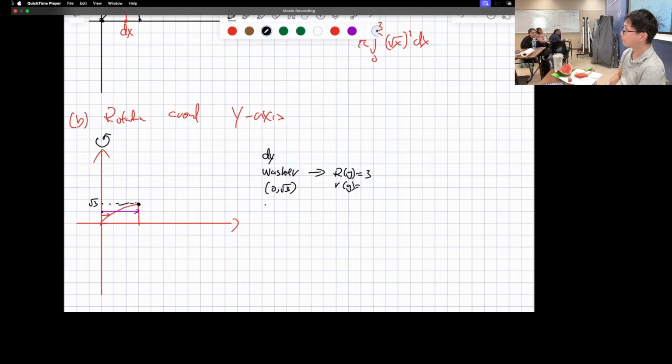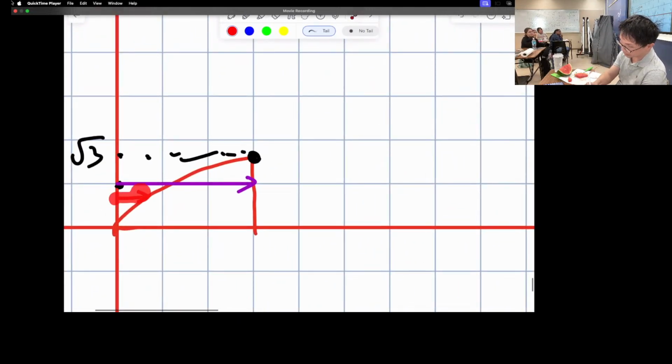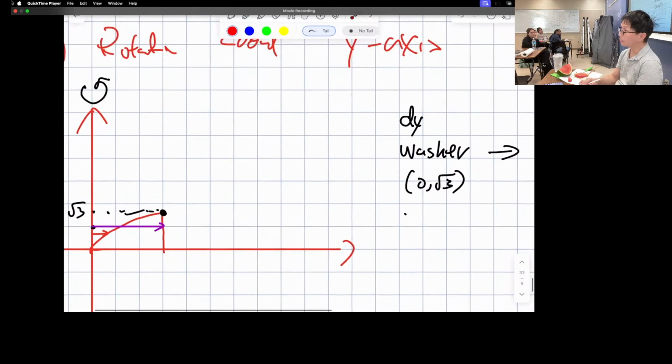Rohan? This small red line right here, I'm interested. This red line can change, depends on where it is, depends on which value it is. So Rohan?